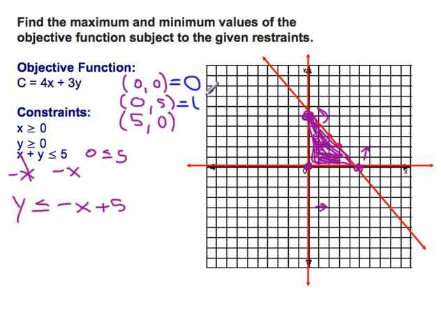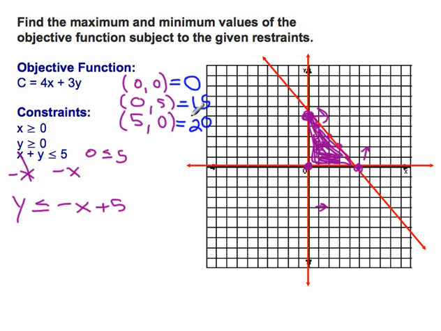So that would be the value at 0, 5. Now let's plug in 5, 0. 4 times 5 is 20, plus 3 times 0 is 0. 20 plus 0 is 20. So 5, 0 would give me a value of 20.